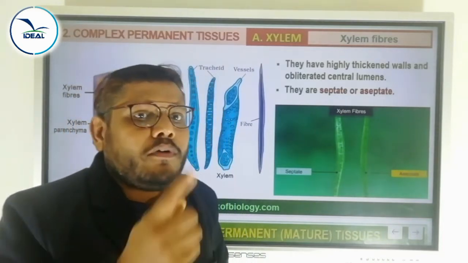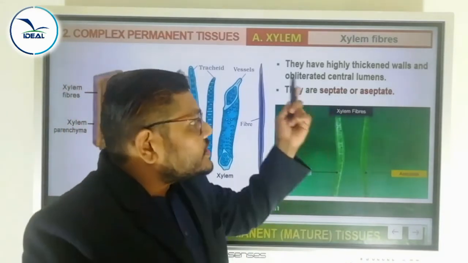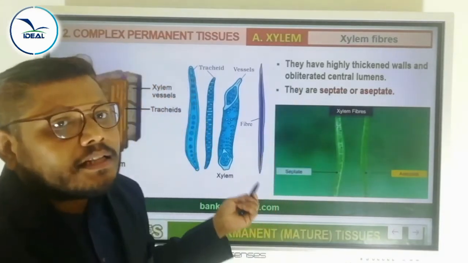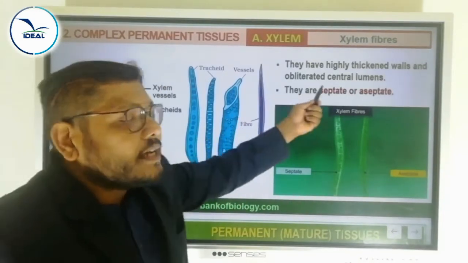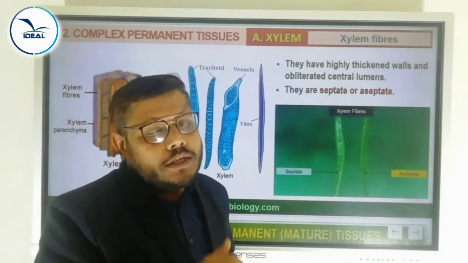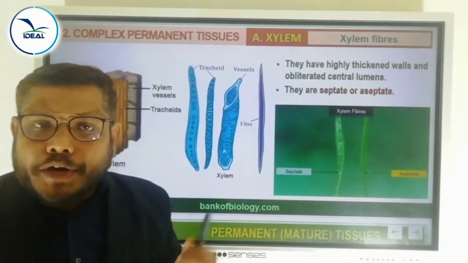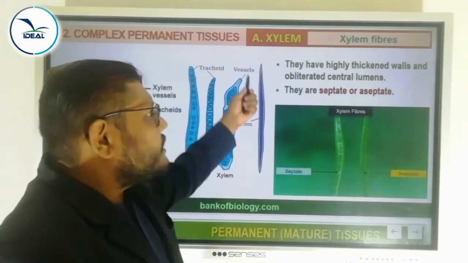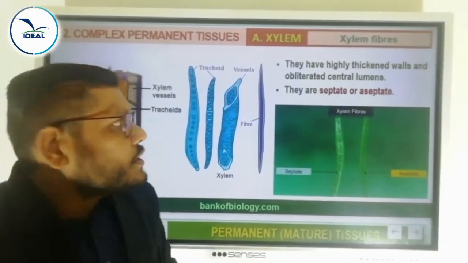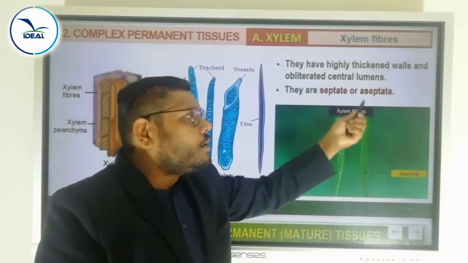The deposition of lignin in their cell wall. They contain reduced, or obliterated, central lumens. Reduced lumen is found in xylem fiber. The cell walls are either septate or aseptate.